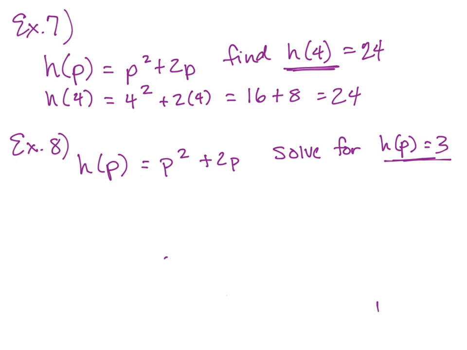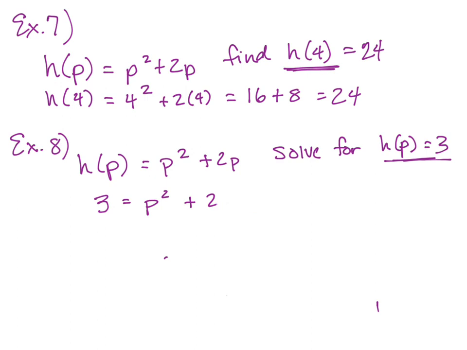So the question here is, what is p when h of p is 3? Can you see the difference? It's actually huge. I mean, it's the exact opposite. Am I plugging in or am I solving? Two different things.